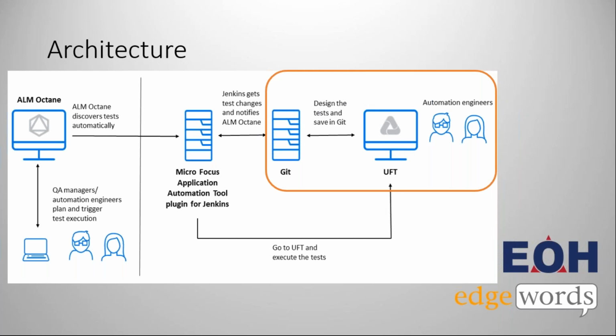So last week was this section highlighted in the orange box. In this webinar, we are going to be introducing ALM Octane and Jenkins continuous integration tool into the mix for our complete CI/CD process.